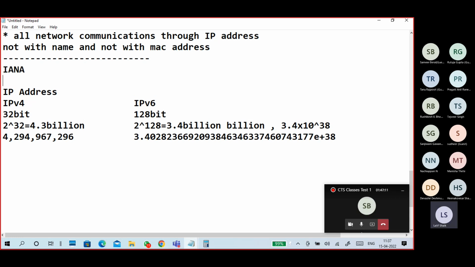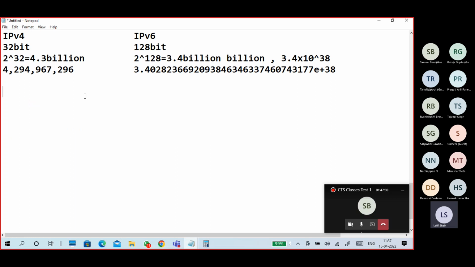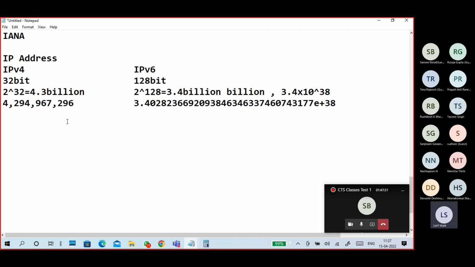This organization takes care of which region or which ISP can use which public IP address.